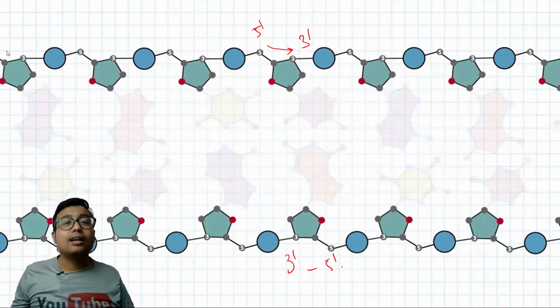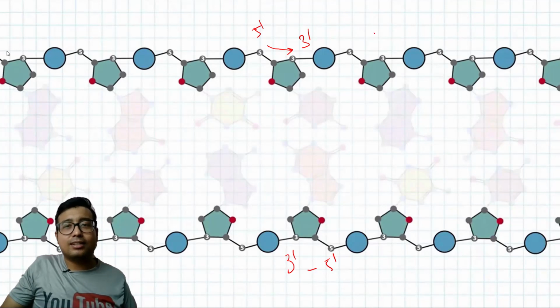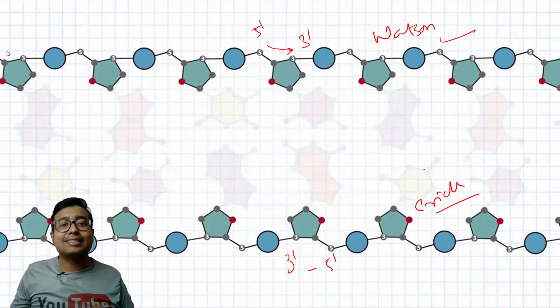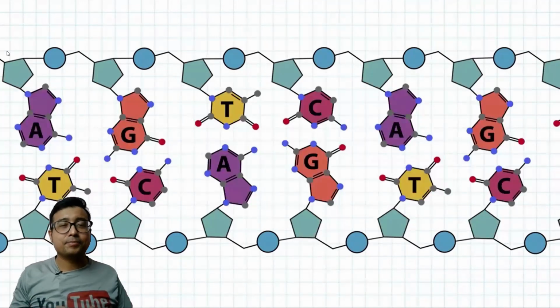Get my point? Now these strands are often named after the discoverer. The discoverers of this model of DNA in 1953 were Watson and Crick. So this 5 prime to 3 prime strand is also known as the Watson strand, and this 3 prime to 5 prime strand is also known as the Crick strand.